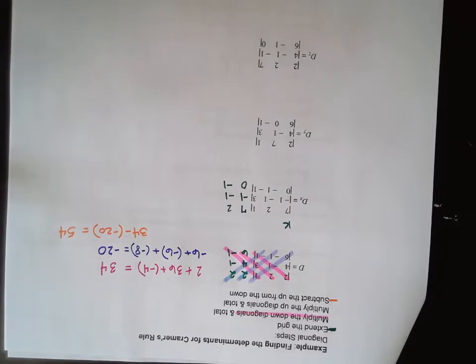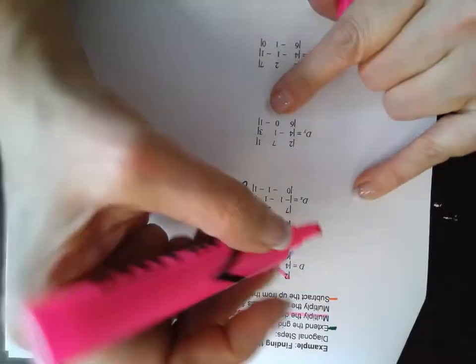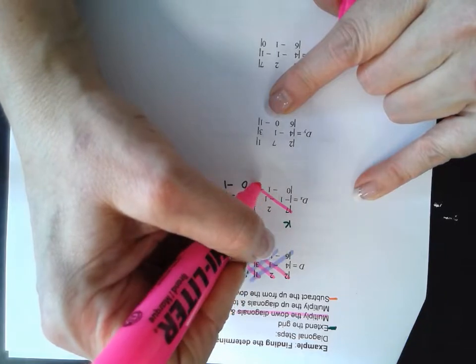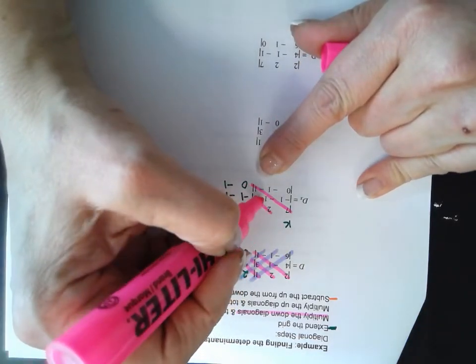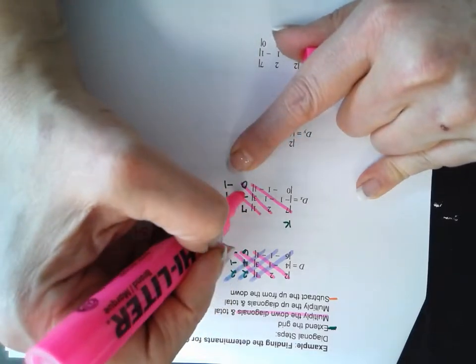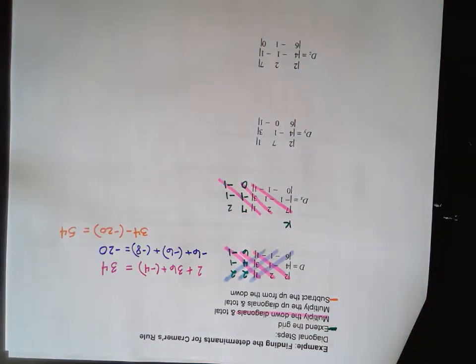All right, here we go. Let's do the down diagonals. 7, -1, -1. 2, 3, 0. And 1, -1, -1.